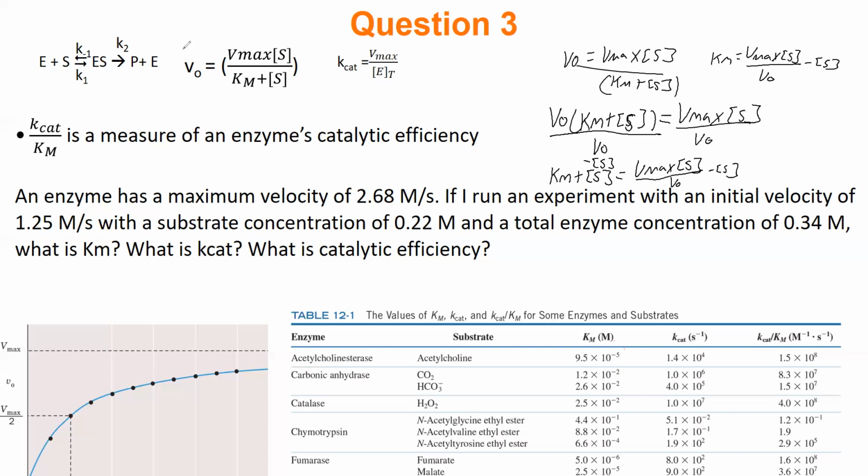And since I did all that, let me actually put in the numbers. Actually, let me do it over here. I'm running out of space. Km equals maximum velocity, which is 2.68, multiplied by our substrate concentration, which is 0.22, divided by our initial velocity, which is 1.25, minus our substrate concentration again, which was 0.22.